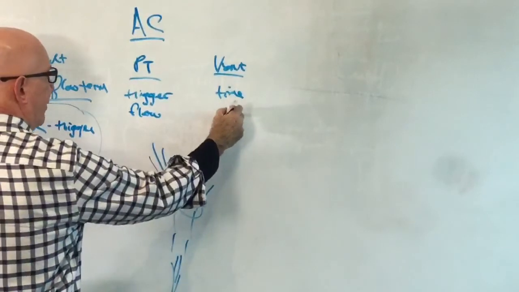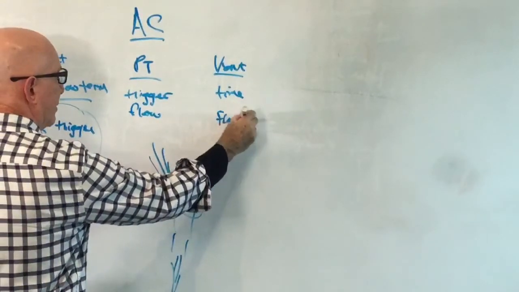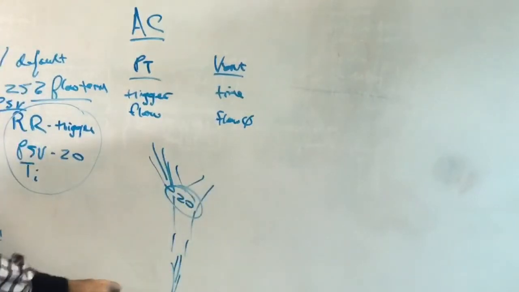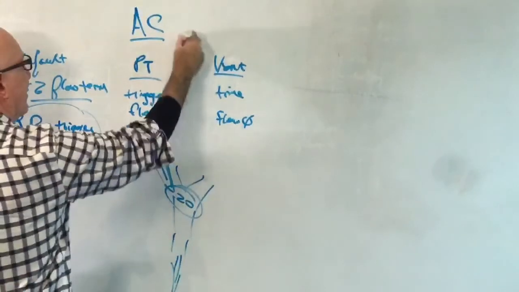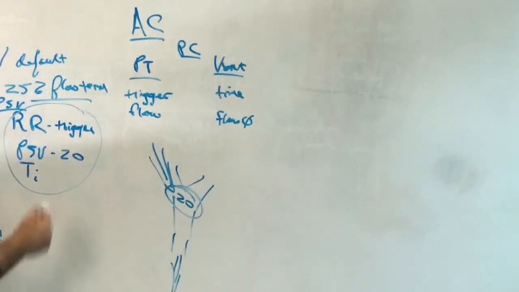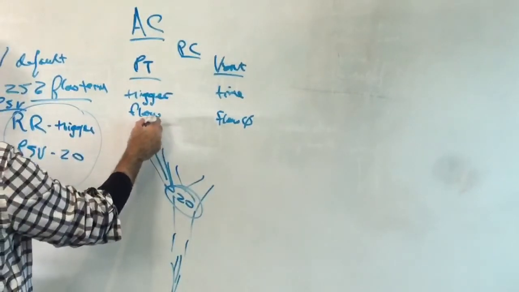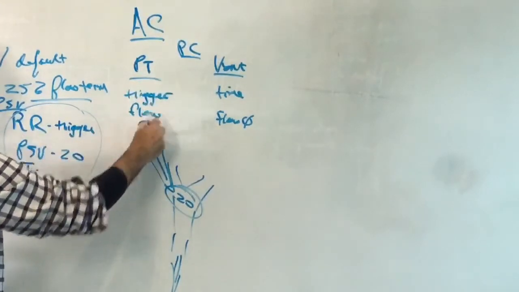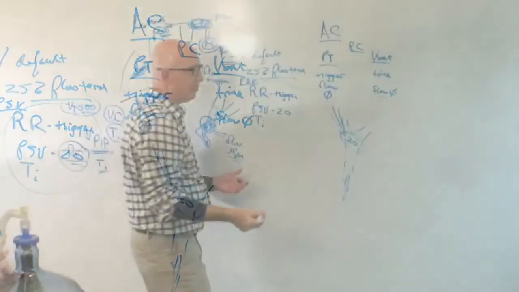However, the machine itself will not change the flow. All the machine cares about is generating pressure in the circuit. This again is in a PC breath. We'll talk about volume in just a second. When it comes to cycling off, the patient has no control in a pressure-controlled volume breath to prematurely cycle the inspiratory phase.